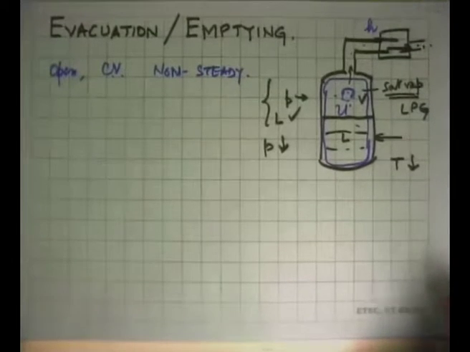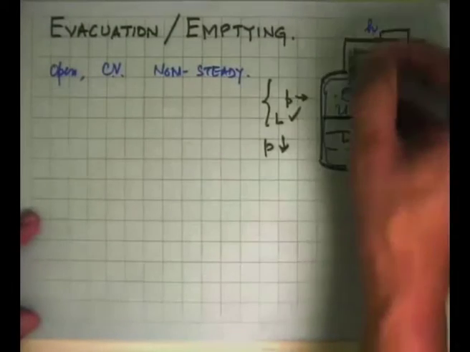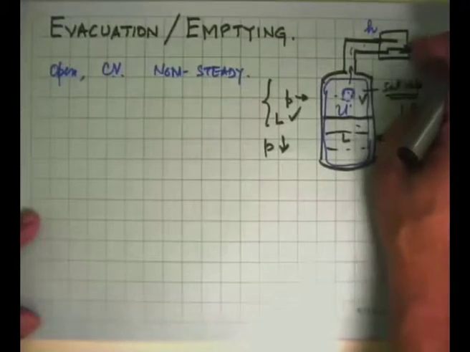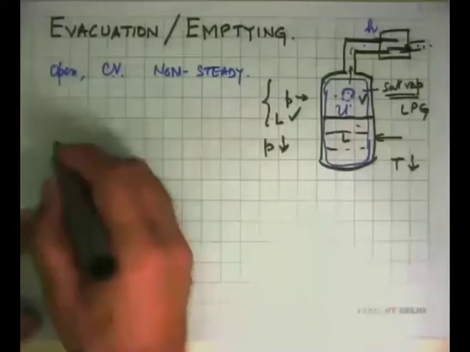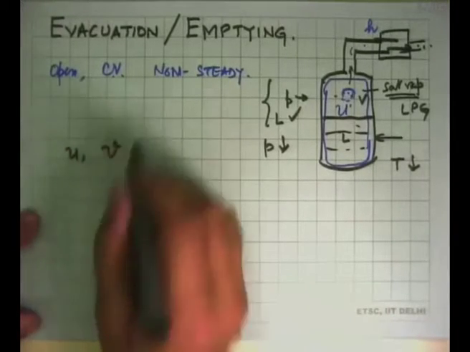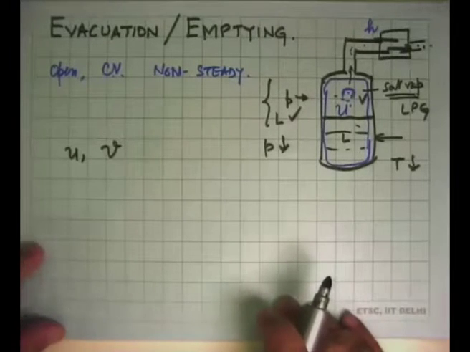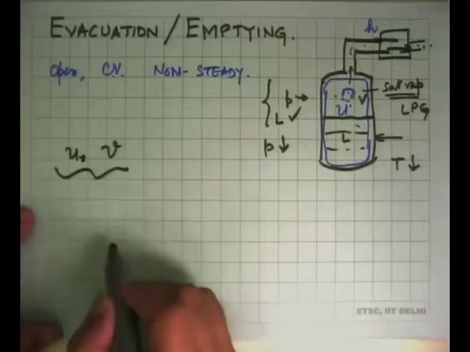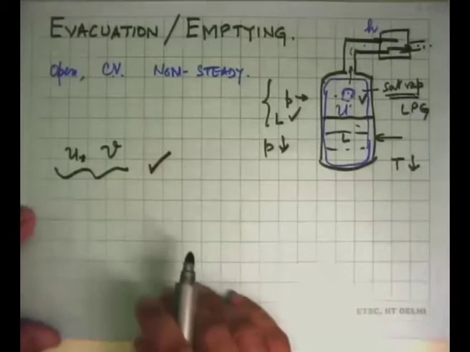The only difficult thing that happens in this type of problem is that if you want to figure out, say, what is the pressure after I drew out so many grams of this substance, then in the final case, you are left with two properties, which are specific internal energy and specific volume. And knowing these two properties, the state is completely defined.